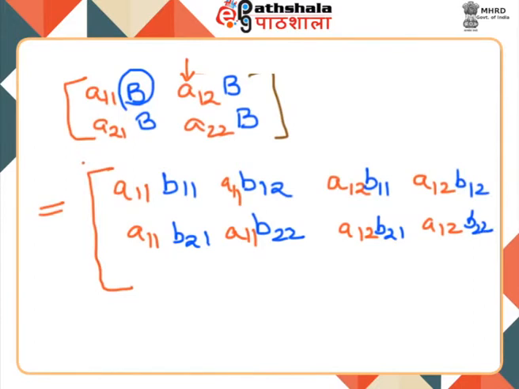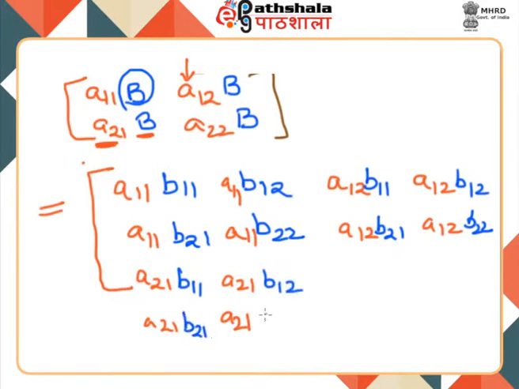Similarly, when we take the term A21, we write A21 four times, and we multiply it by the entire matrix B, so we write B11 here, B12 here, B21 and B22.